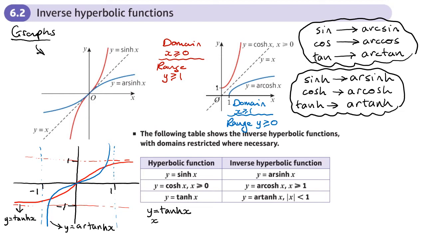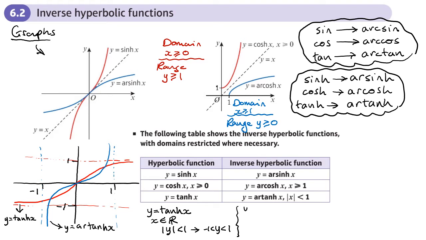Its domain, you can put in any x value you like. So its domain is all real numbers, but the output is only stuck between 1 and -1. So you could say the modulus of y is less than 1. That's the same as saying that y is stuck between -1 and 1.